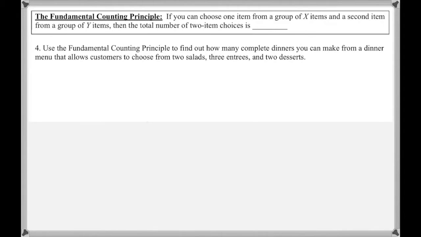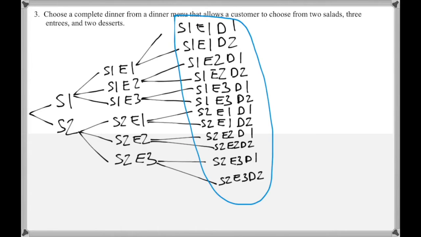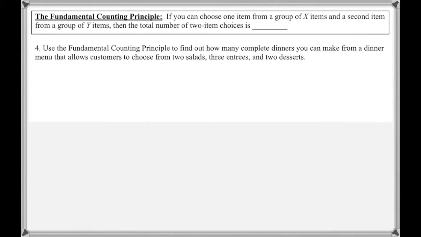So as you can see, if you are trying to figure out how many possible outcomes there are for a given situation, using a tree diagram can be quite tedious, especially if you have to do more than 12 possible outcomes. So this is where the fundamental counting principle comes in.